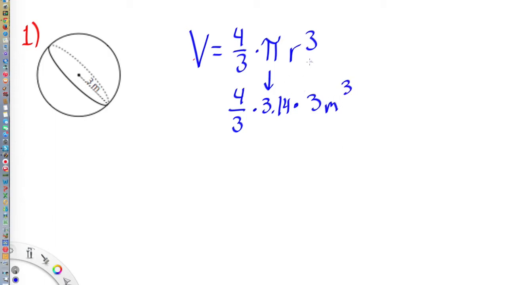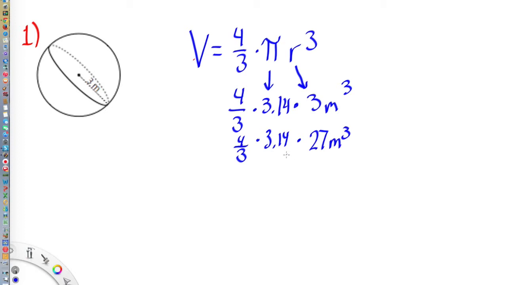We have to follow order of operations, which is our exponents come first. So 3 cubed is going to be 27 meters cubed. Then we're going to multiply that by 3.14 and 4/3.